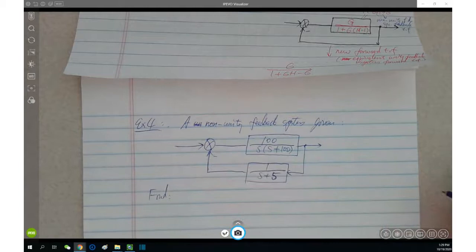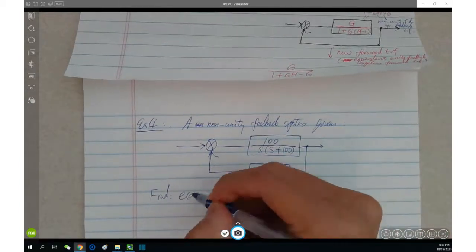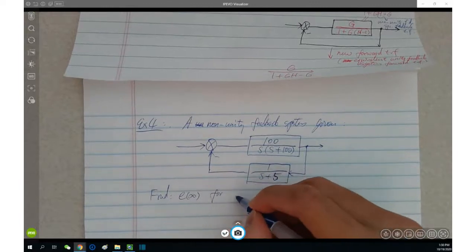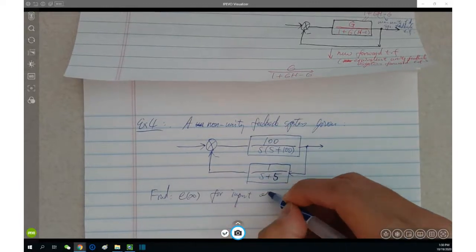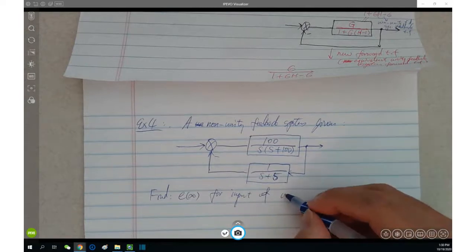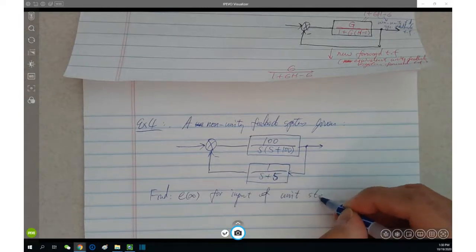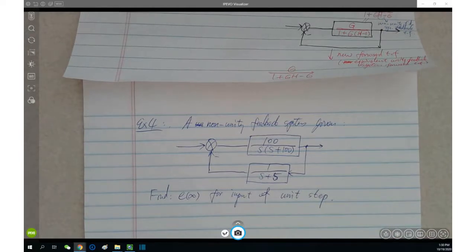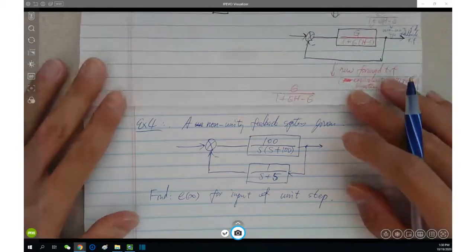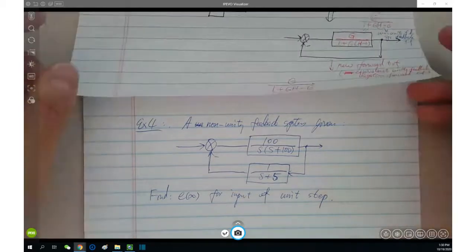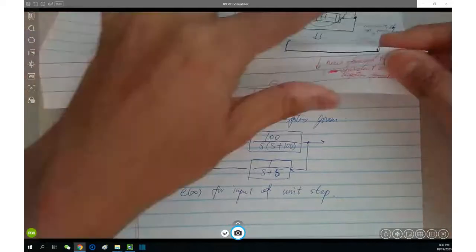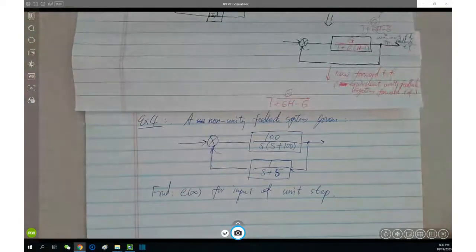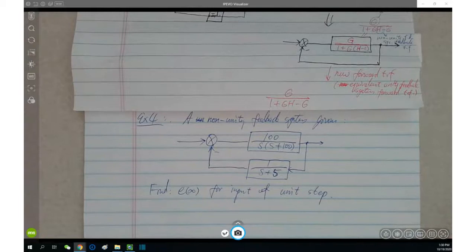I'll give you guys some time to actually do this yourself. Just find the steady state error for an input of unit step. All right, go ahead. You should know everything you need. And this formula is here, and just go ahead. I'll give you guys 10 minutes.